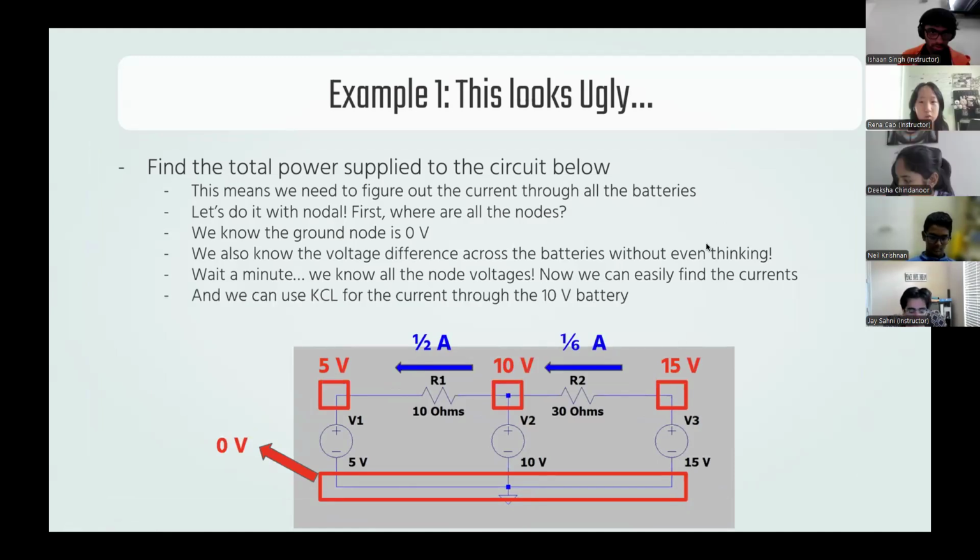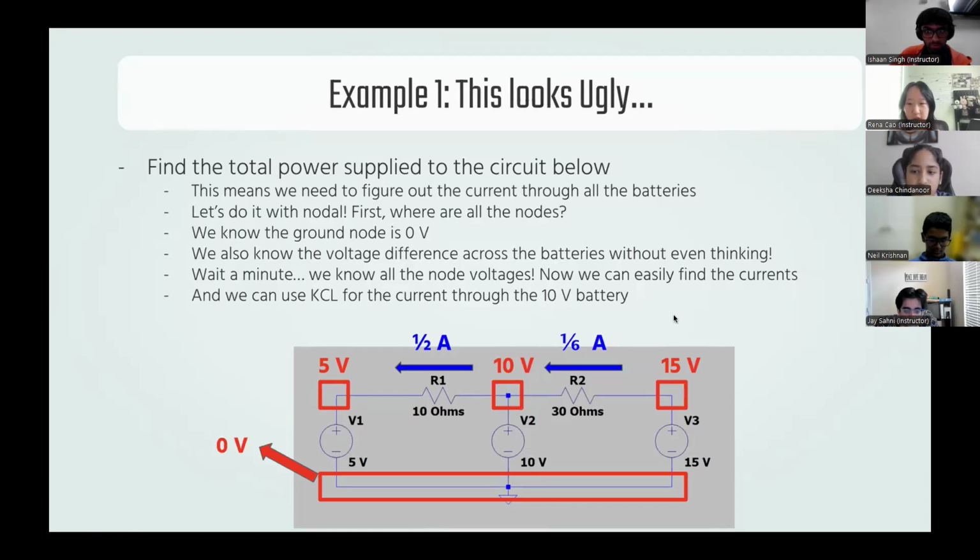And then we can use Kirchhoff's current law for the current through the 10-volt battery. Does anyone know how to get the current through it? Or unmute and explain? So remember, Kirchhoff's current law is essentially that at this point over here, all the currents going in and out have to equal 0.